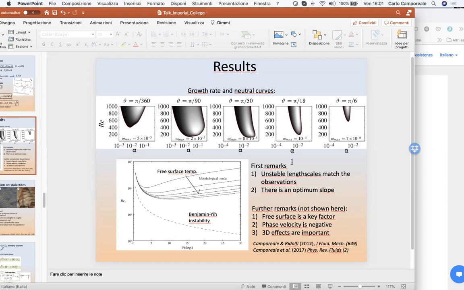Yes, it's more unstable, I agree. But it doesn't matter because in a stability analysis the two modes are quite independent. So they don't fight together. Yeah, I agree with that.